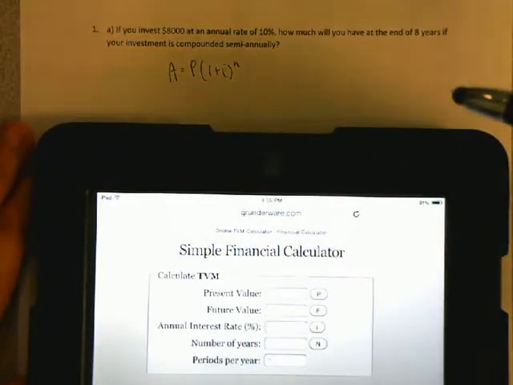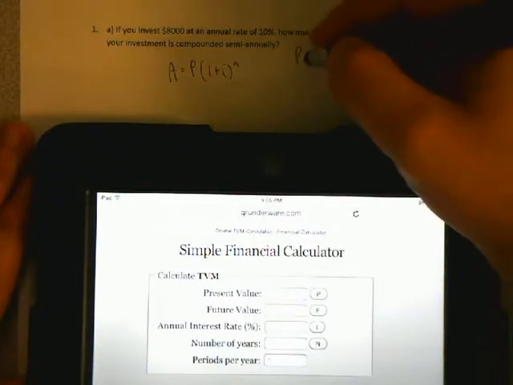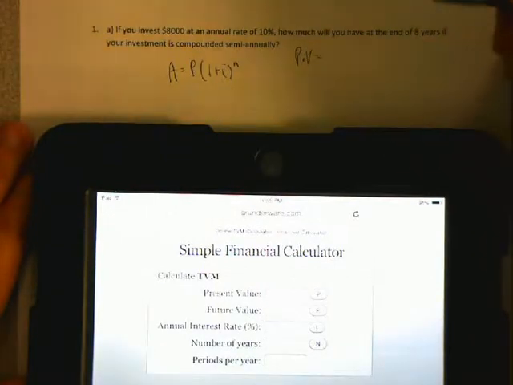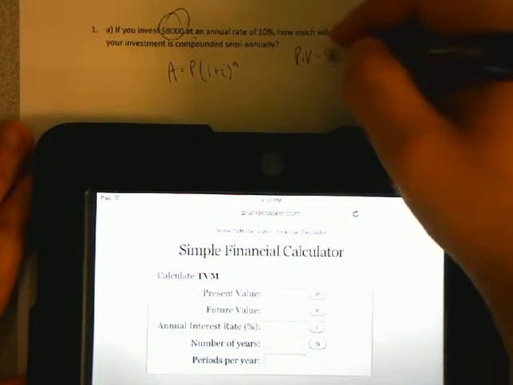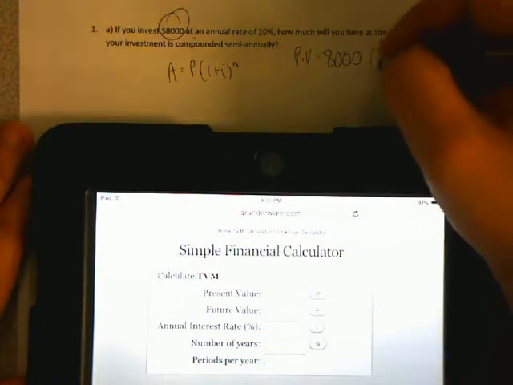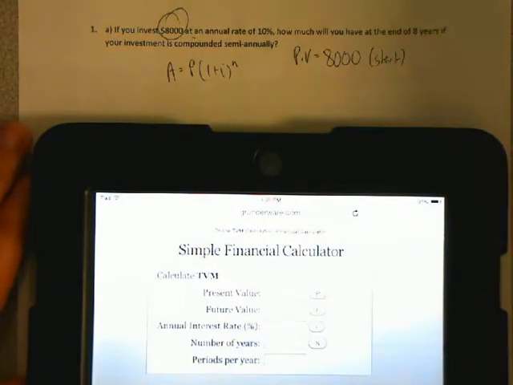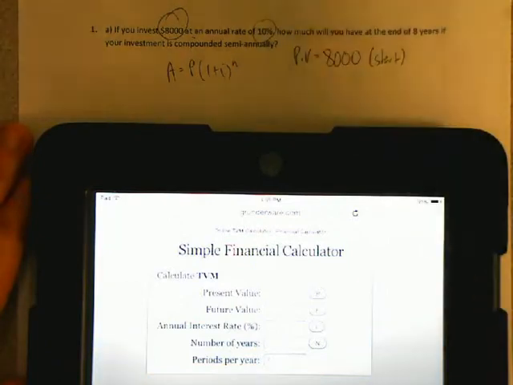So the present value, what do we have right now? Well, if I invest this much right now, that's my present value. That's what I have at the start, right? An annual rate of 10%.